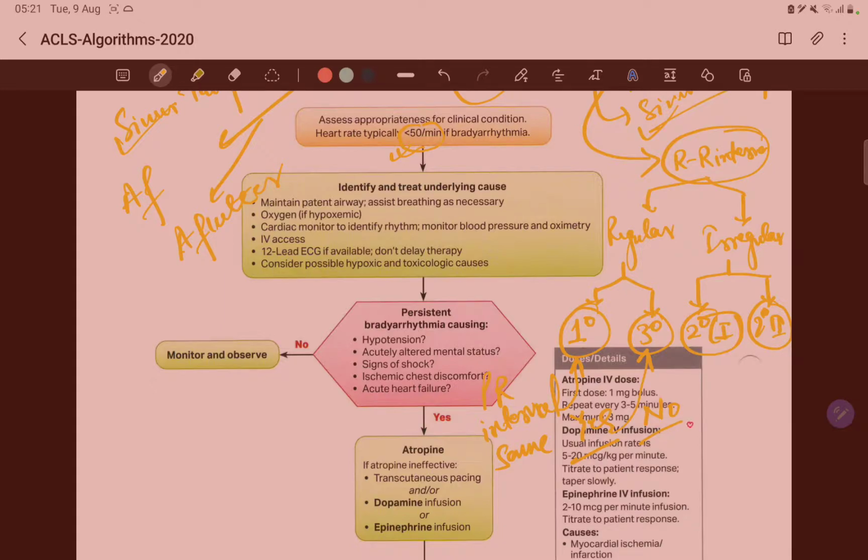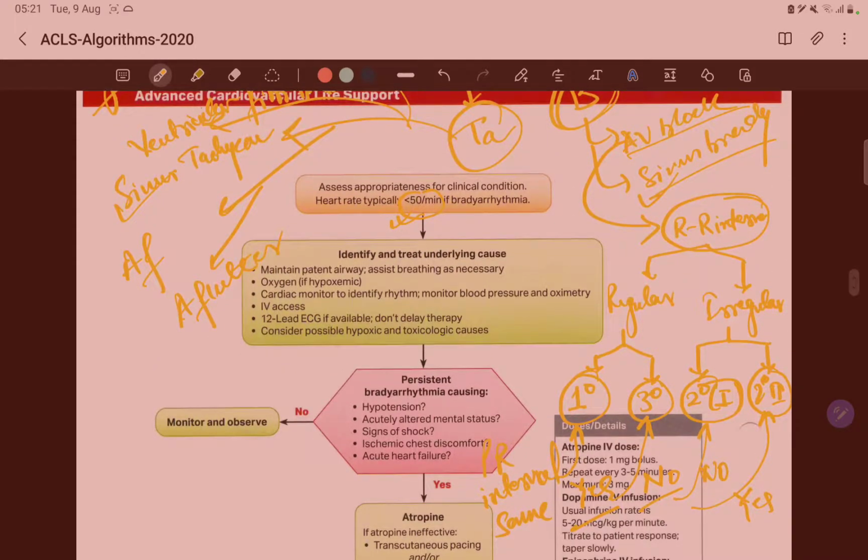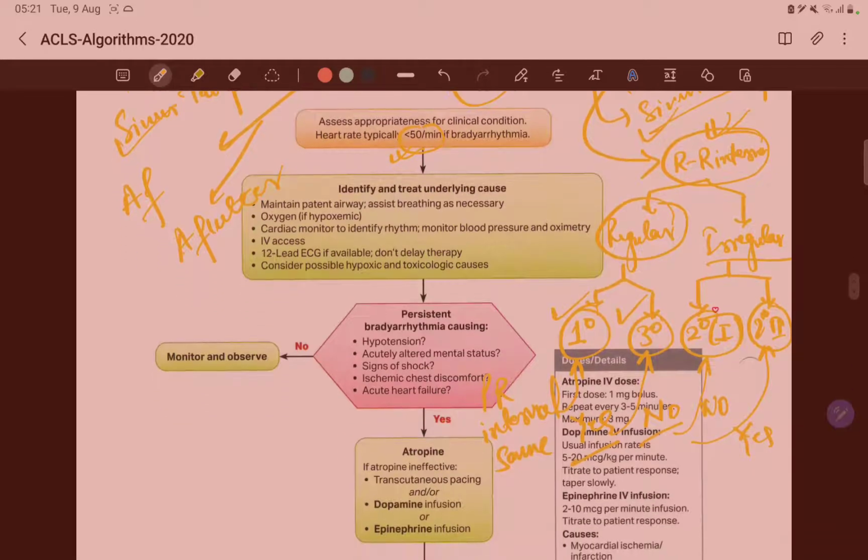Again, if the PR interval is not the same, it is second degree type 1, and if it is the same, it is second degree type 2. So this is how you see the AV blocks. If the RR interval is regular, it is first degree or third degree. If irregular, it is second degree type 1 Wenckebach or second degree type 2.